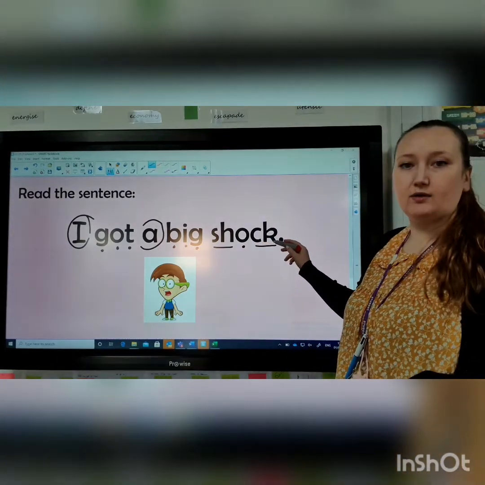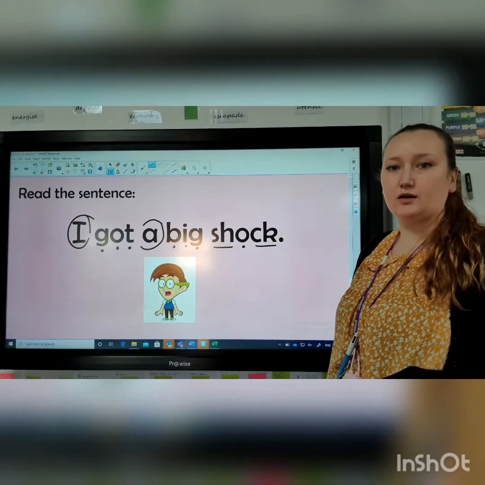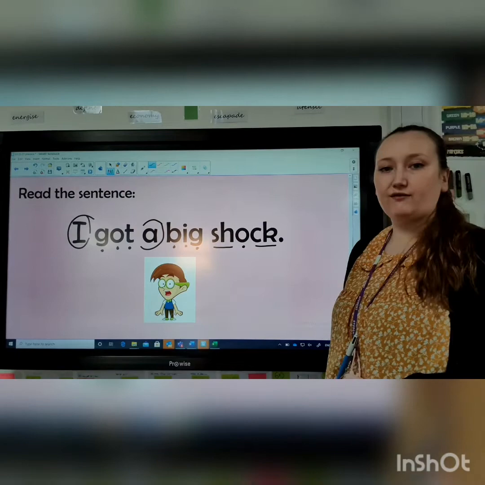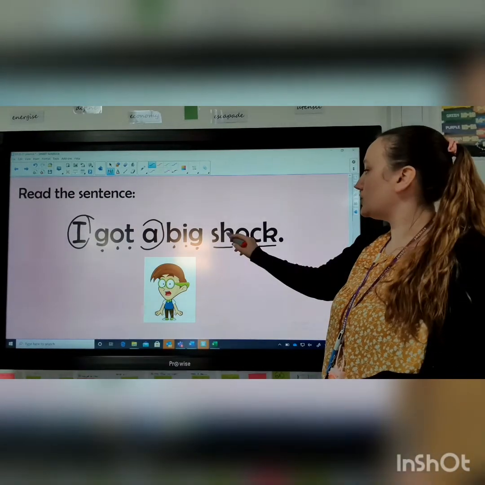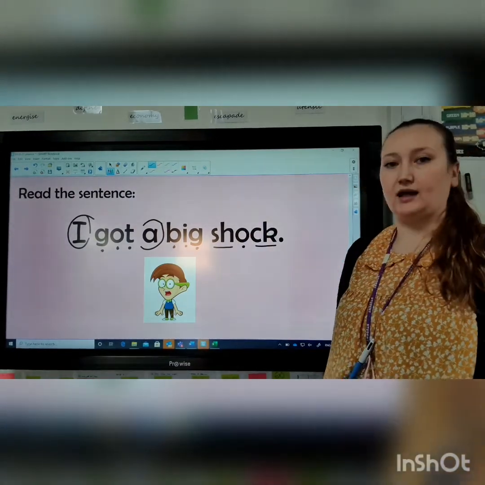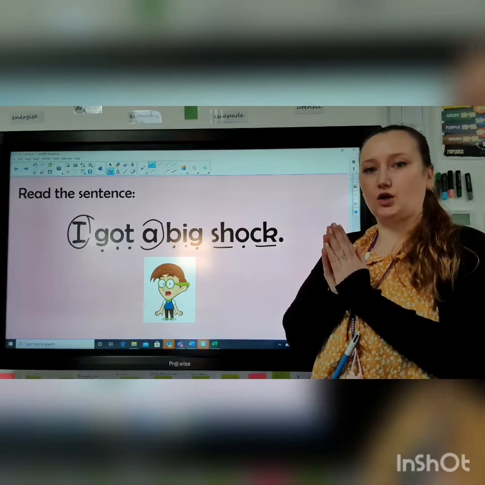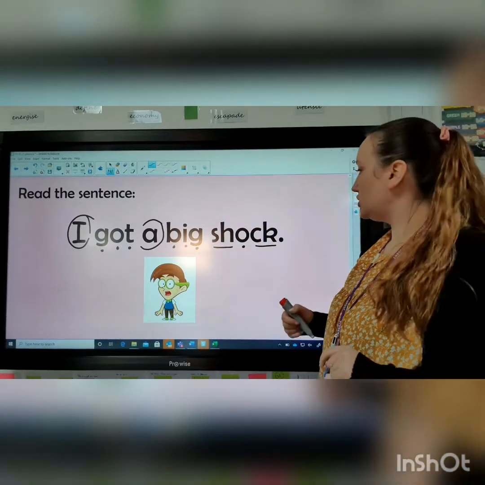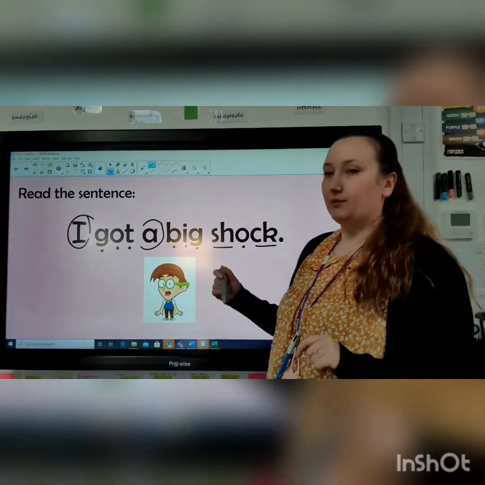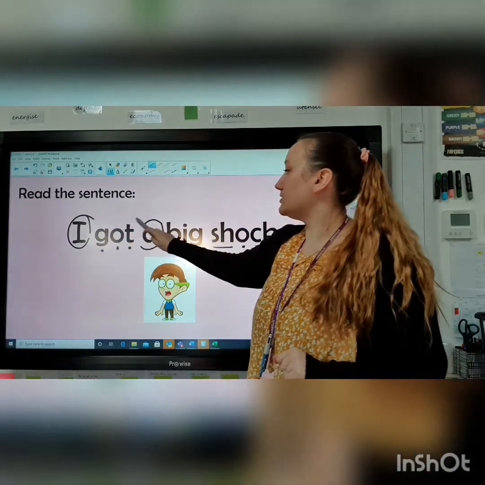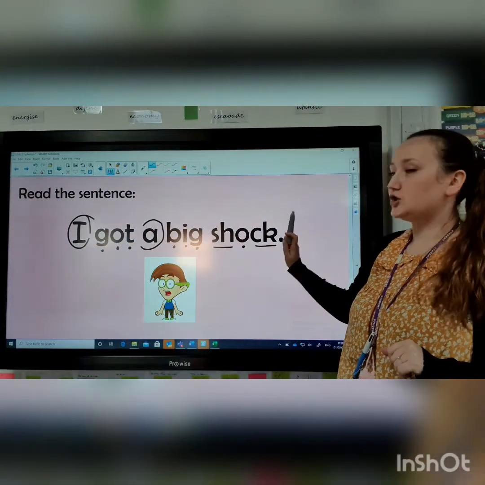And we have this phoneme here, which is k. Okay, so again, it's a really long word, but really it's just 3 phonemes that we need to blend. So we've got sh, o, k. Okay, so blend with me. Sh, o, k. Shock. What does it say? Shock. So now I'm going to say it all together. Okay, I want you to say it with me. I got a big shock.